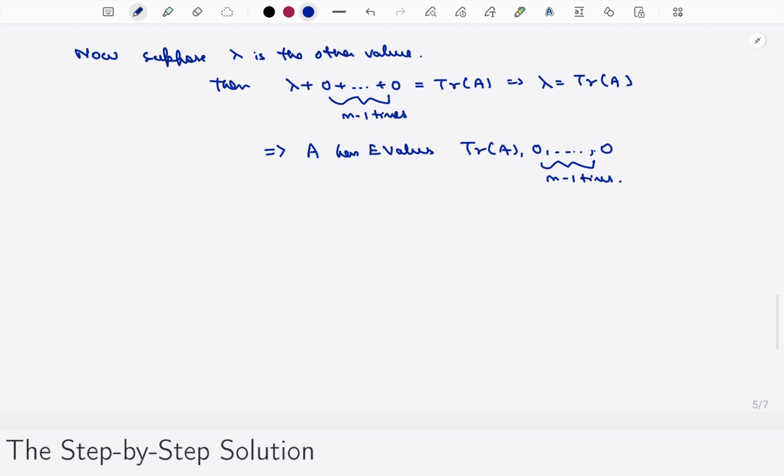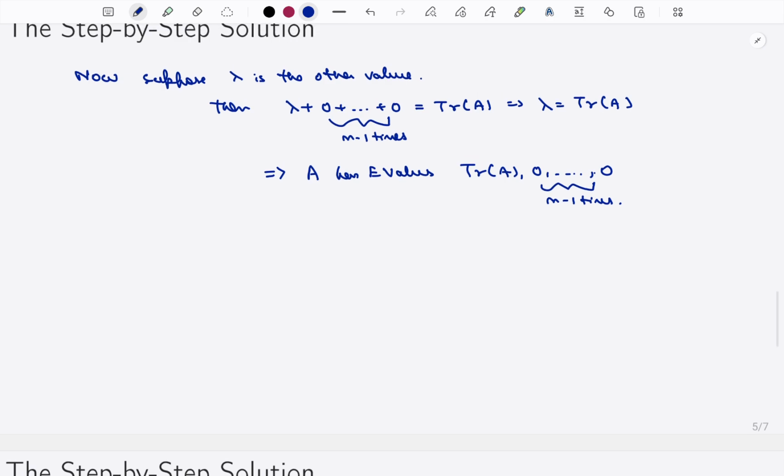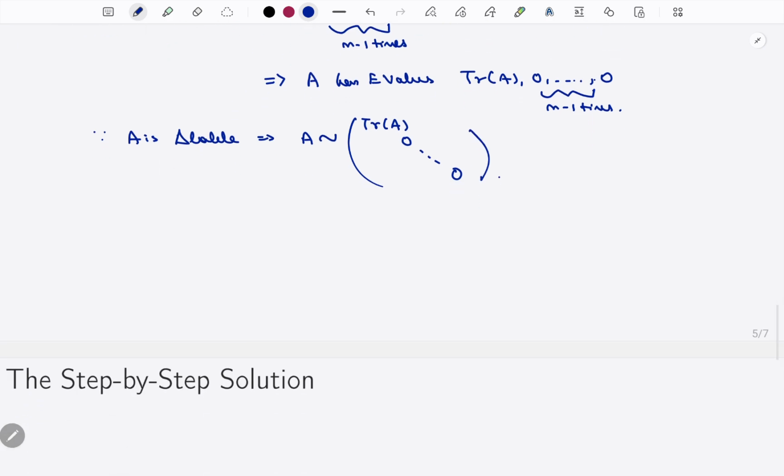Now comes the funniest part of the problem. We know that every matrix need not be diagonalizable, but it is triangulable. Since A is triangulable, A is similar to an upper triangular matrix with trace of A and zeros on the diagonal. So A is of the form P times this matrix times P inverse, and A plus I can be written as P times this matrix times P inverse plus P times P inverse.